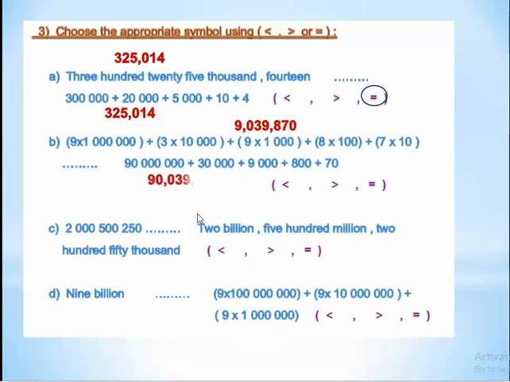The other number 90,039,870, so the greatest is the second one. Okay, here we have 2,500,000 and 250. Here we have 2,500,000,000 and 250,000. So which one is greater? It's clear that the second one is the greatest.